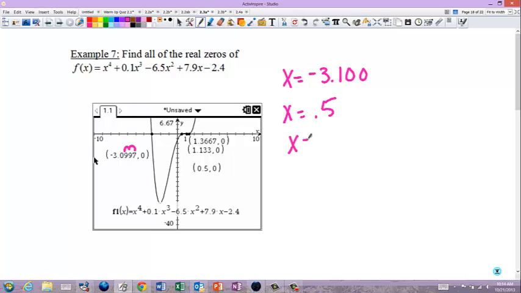Then 0.5, 1.133, and 1.367. I knew that I had 4 zeros because it is an x to the 4th. And let's double check to make sure I typed that in correctly. Yeah, the rest of it was right. If it had been an x to the 3rd, I could not have had more than 3 zeros. X squared cannot have more than 2 zeros.